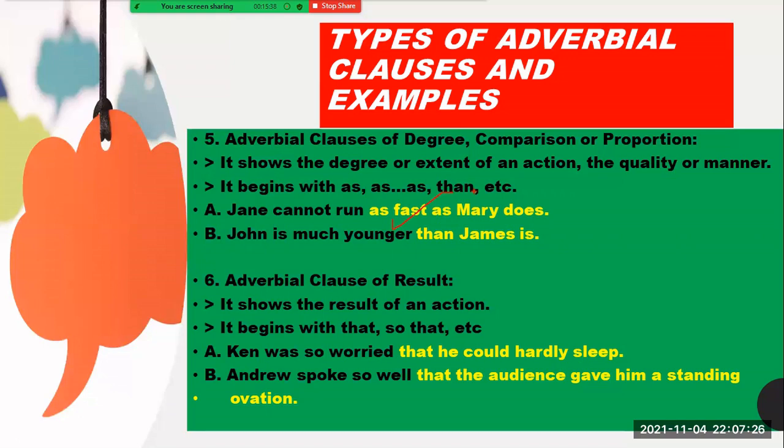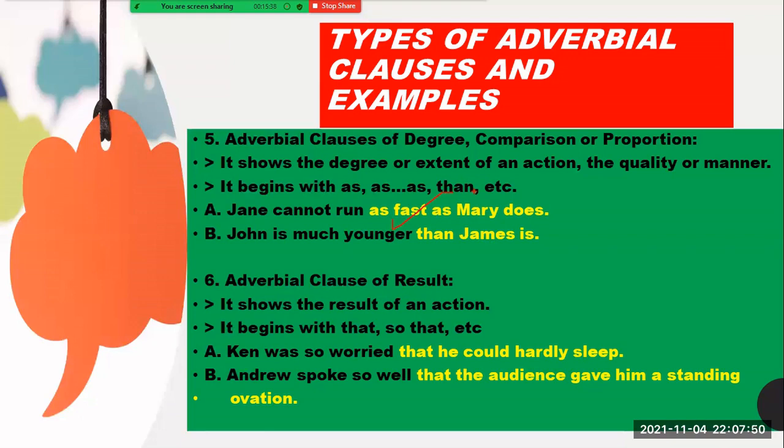Again, it compares the extent of Mary's speed with that of Jane. I mean that between Jane and Mary, we find a comparison. If you are looking at proportion, the extent, that also is actually applicable.